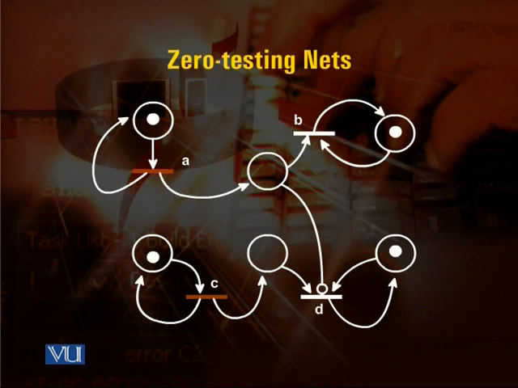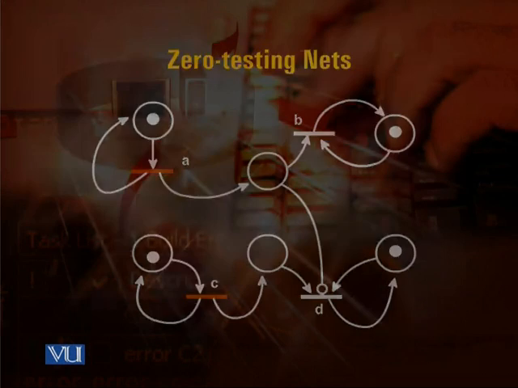This circle means that transition D is enabled only when there is no token present in the place from where this arc is coming. So this is a zero testing petri net.